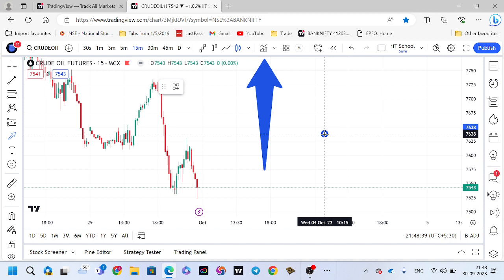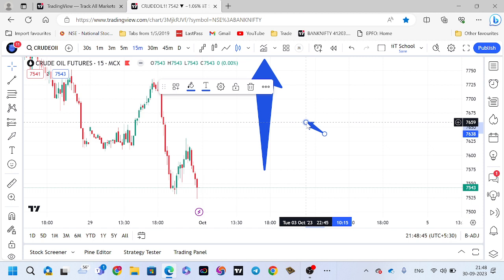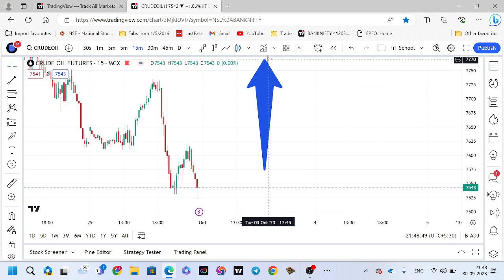That is the first step. The second step is to log on to your TradingView account using your username and password, then go to the indicator settings. Here you can see the arrow mark, which leads to the indicators, metrics and strategies available on tradingview.com.